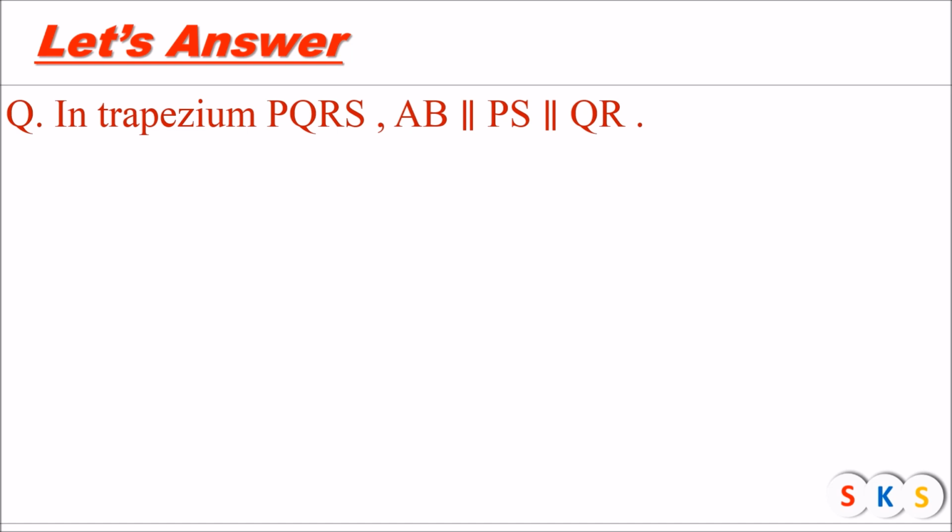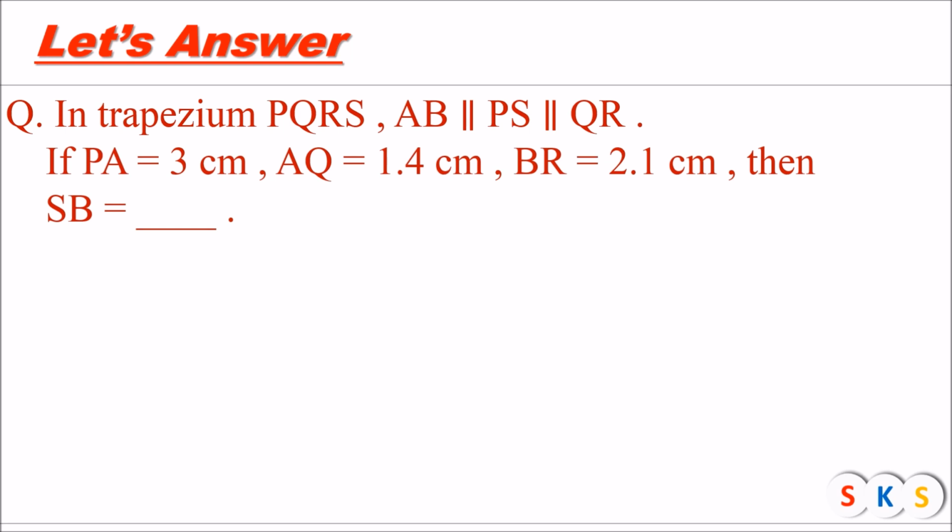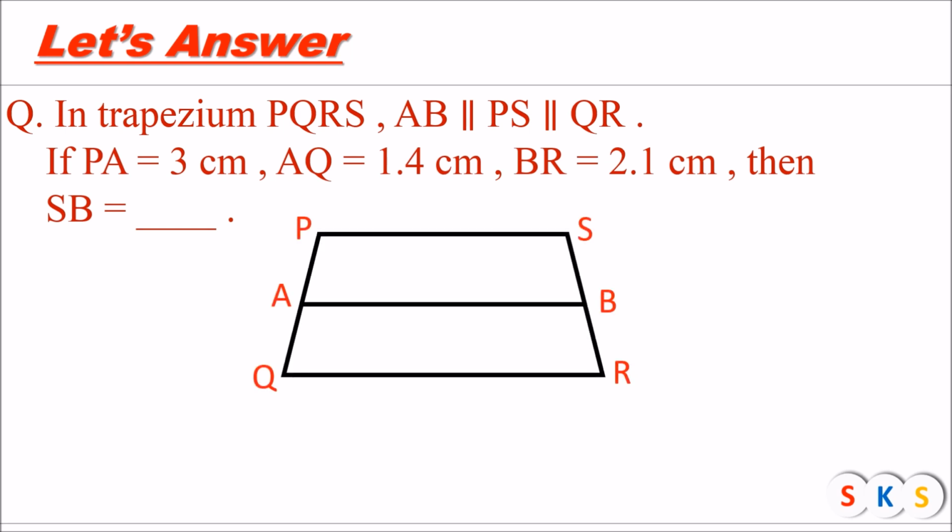Now here we have the next question based on the property of three parallel lines and their transversals. It is given that in trapezium PQRS, AB is parallel to PS is parallel to QR, and PA equals 3 cm, AQ equals 1.4 cm, BR equals 2.1 cm.